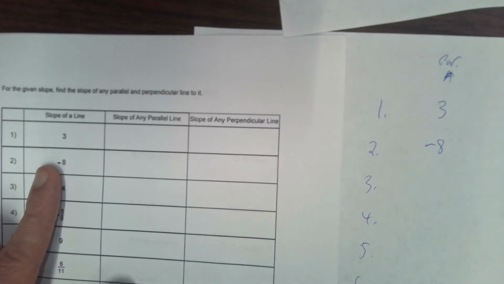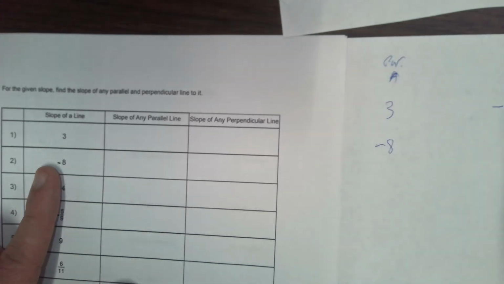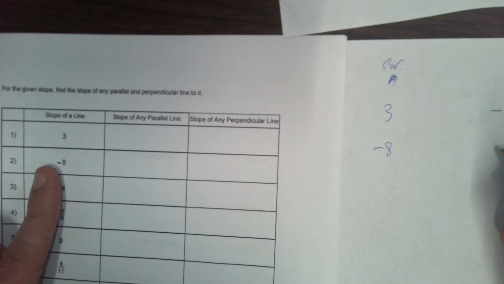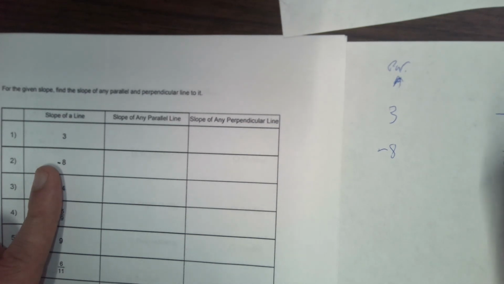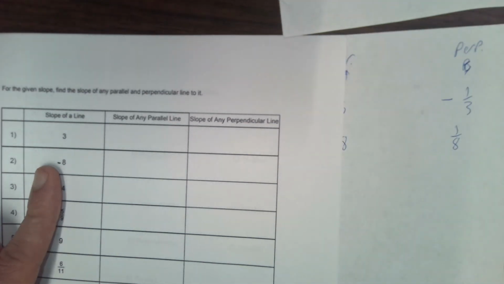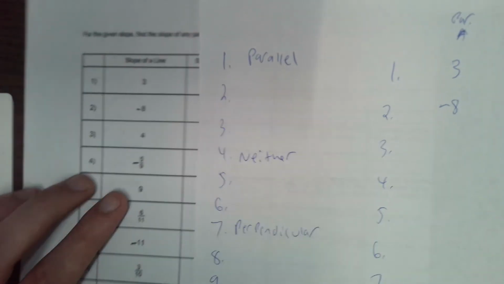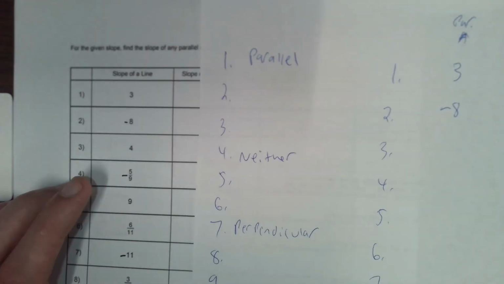So number 2. Parallel, negative 8, it's the same thing. Perpendicular, it goes from negative to positive, and 8 flips to 1 over 8. So that's going to be positive 1 over 8. I'll do one more with you. Let's do a fraction here.